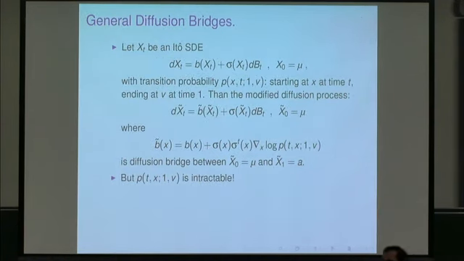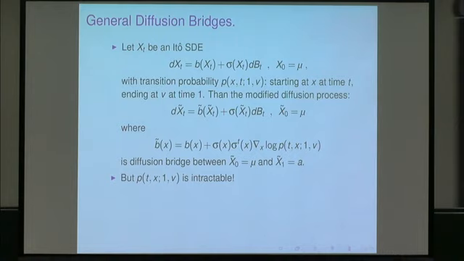Because in R^n we have a closed form solution for the transition probability density from any time point t to time point 1, we can differentiate it and get the modification, and it makes kind of intuitive sense. But the whole problem was that this is intractable, so how am I going to build a bridge that has this transition probability density?